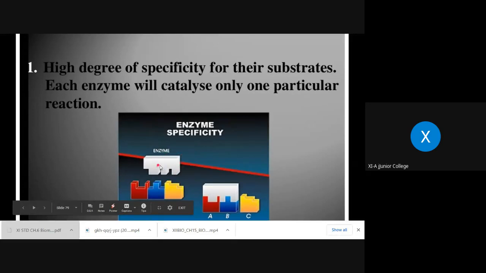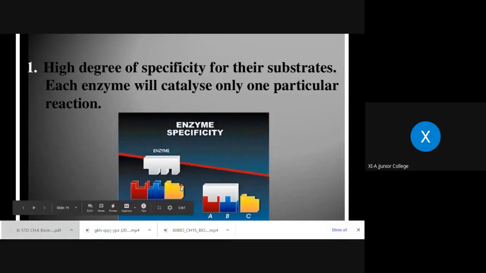So these are very specific. One enzyme cannot react with any substrate. It can react with only a specific type of substrate. You can see in the diagram, it is not showing any reaction with this part of the substrate, but it can fit only in this specificity.